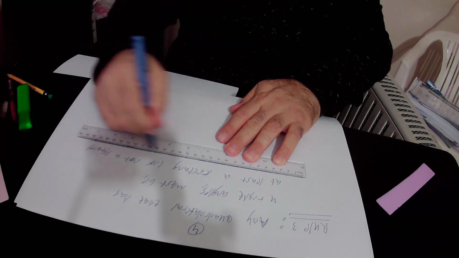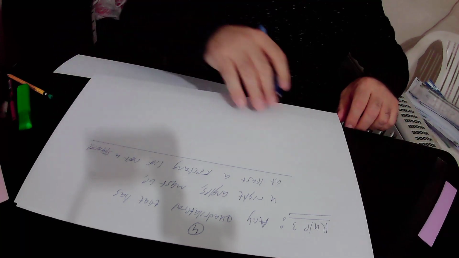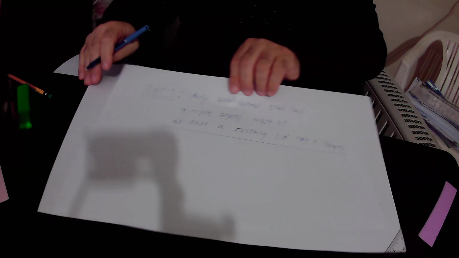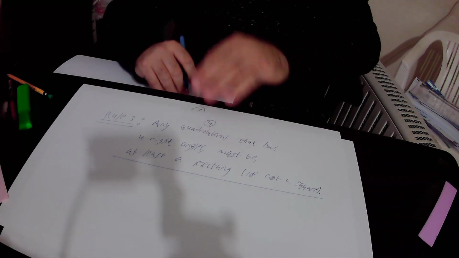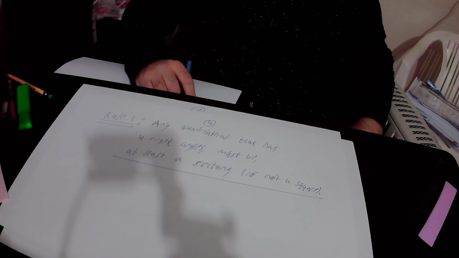So I'll read rule number 3 again. According to rule number 3, any quadrilateral that has 4 right angles must be at least a rectangle if not a square.